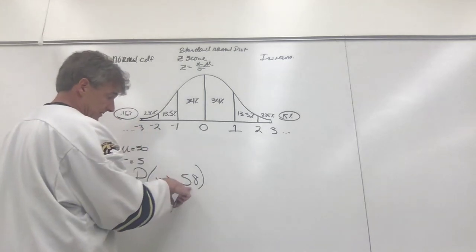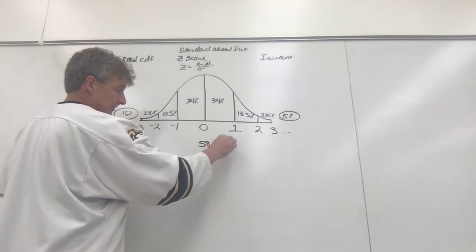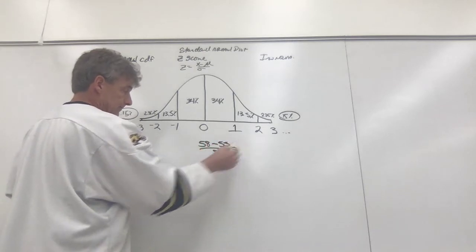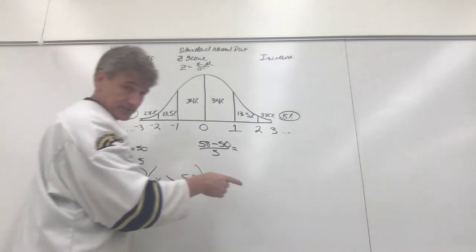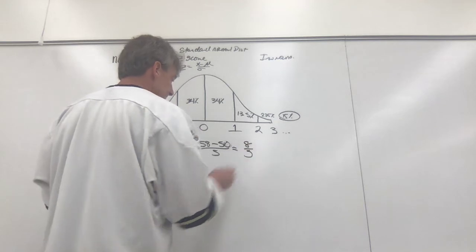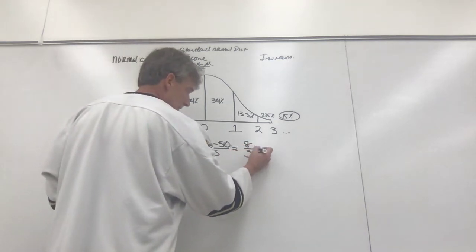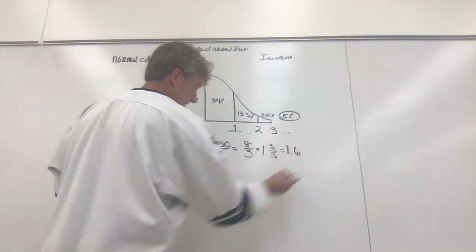So first we need the z-score for 58. 58 minus 50 divided by 5. Sorry, I lied, I first said 55, but it's 58 minus 50 divided by 5. So we have 8 over 5, which is 1 3/5, which is 1.6.